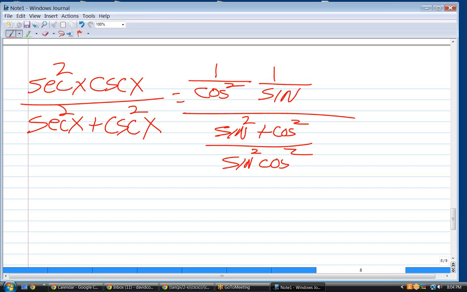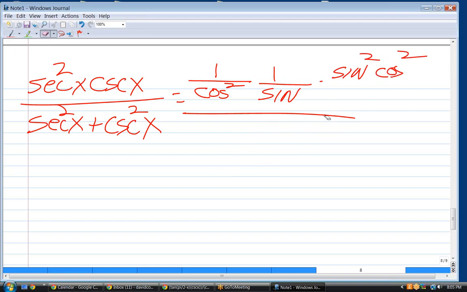Now, sine squared plus cosine squared, what can I replace that with? 1. Now let's operate by flipping the denominator and multiplying. So I'm going to multiply by sine squared cosine squared. My cosine squareds cancel. My sine squared over sine becomes sine.